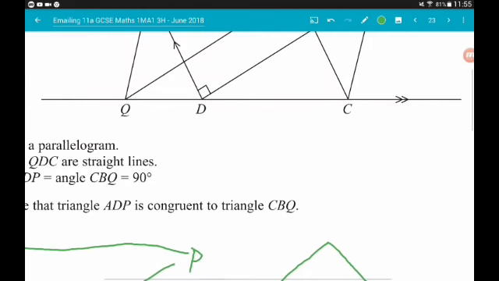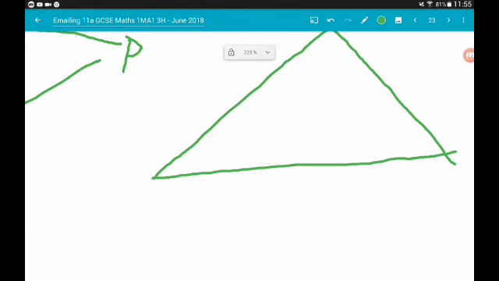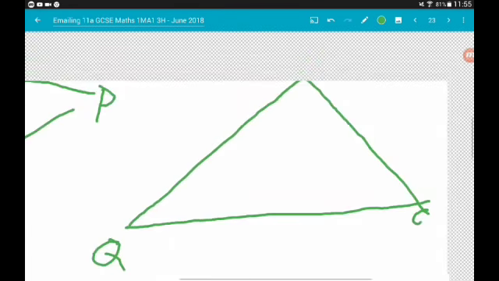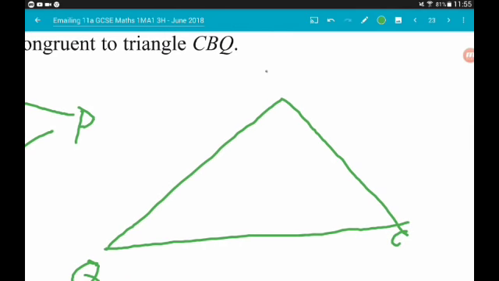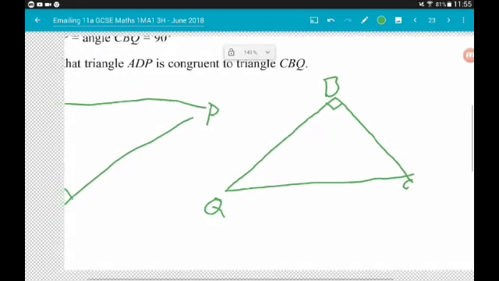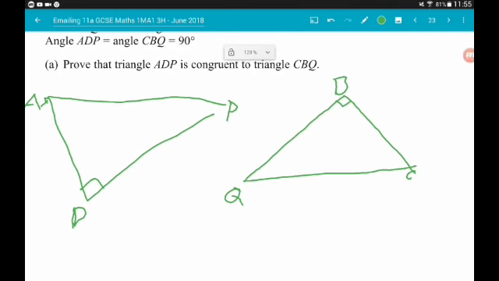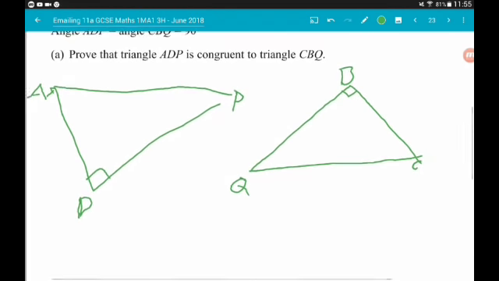So it's QC. Okay. So what can we say straight away? Well, first of all, they both have a right angle in them. So that's a good start.